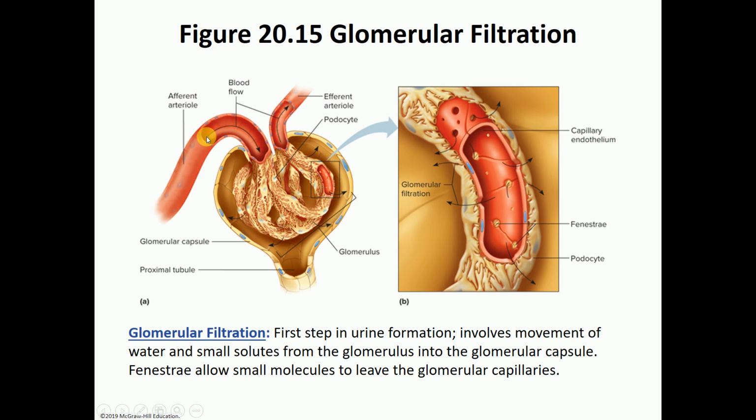Well, that constriction leads to decrease in the hydrostatic pressure of the capillaries, which decreases filtration. Now I'll give you one more scenario, which is the constriction of the efferent arteriole. When you constrict the efferent arteriole, that means the hydrostatic pressure in the capillaries increases, which also increases filtration.